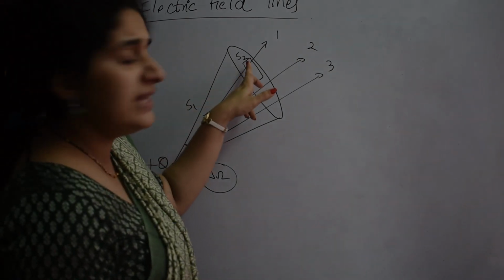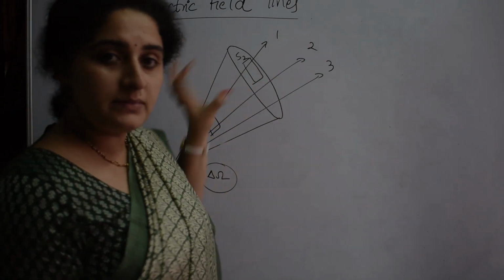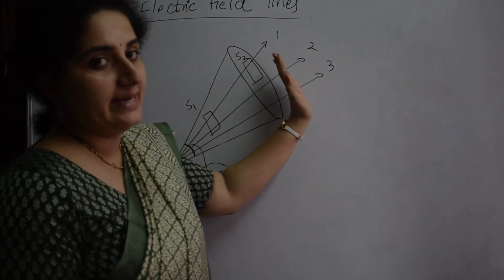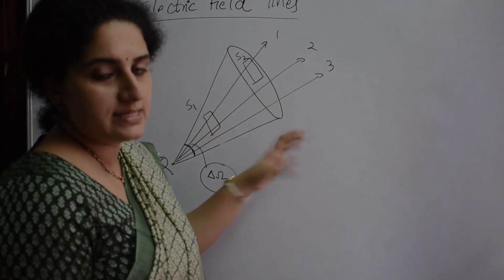Here there is one. So as you go away from the source charge, the strength of the field goes on reducing.